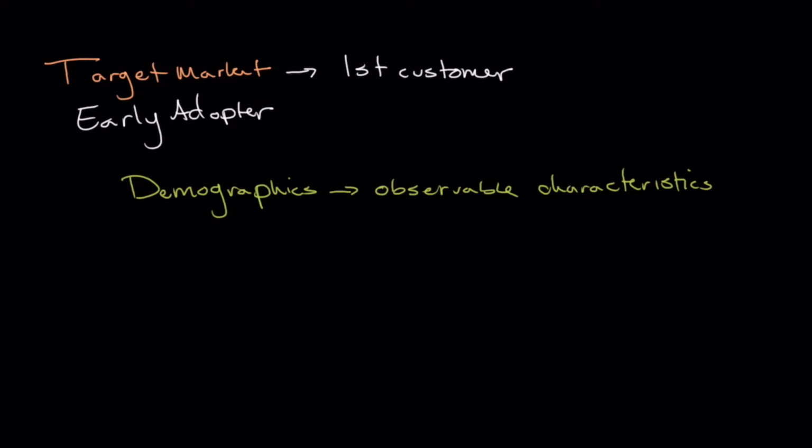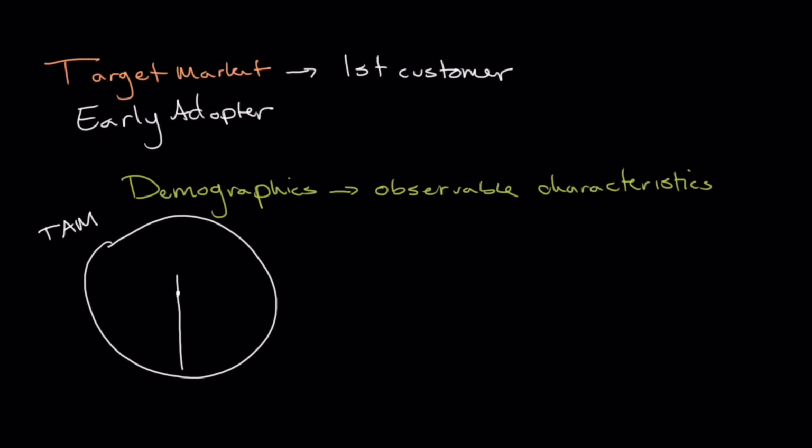So if this circle were to represent our total available market, we know that not everyone in this particular market is going to respond uniquely to our particular solution. So what we want to do is, with certain characteristics, cut the market up into smaller pieces.